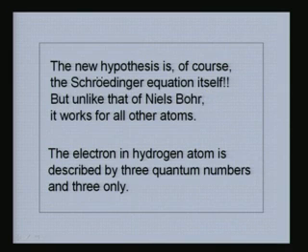But unlike the Bohr hypothesis, the Schrodinger equation is found to work for all atoms, not just hydrogen atoms, and the electron in the hydrogen atom according to the Schrodinger equation is described by 3 quantum numbers and 3 only. This is a non-relativistic Schrodinger equation.